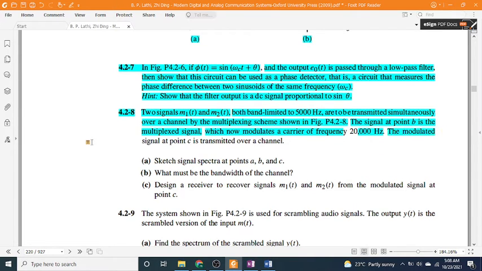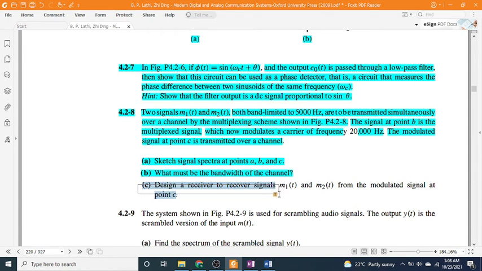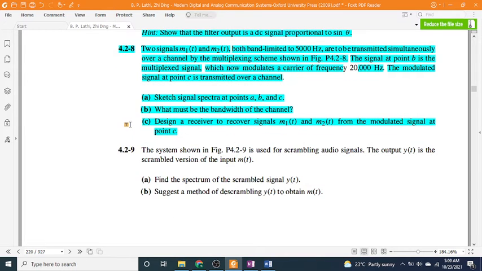The modulated signal at point C is transmitted over a channel. A. Sketch signal spectra at points A, B, and C. B. What must be the bandwidth of the channel? C. Design a receiver to recover signals m1(t) and m2(t) from the modulated signal at point C.